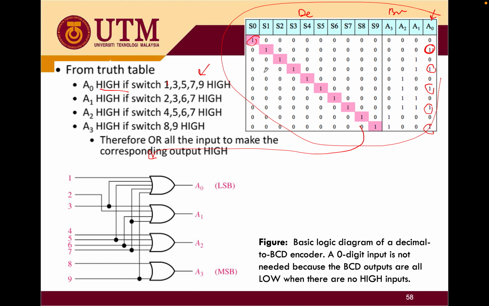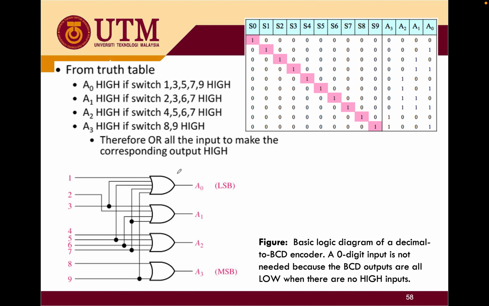So what is your input value? Here will be your 0, 1, 0, 0, 0, 0. So S1 will be 1. From these you're going to get your Boolean expression, so you can come out with the circuit. Try to draw your own circuit from this truth table.